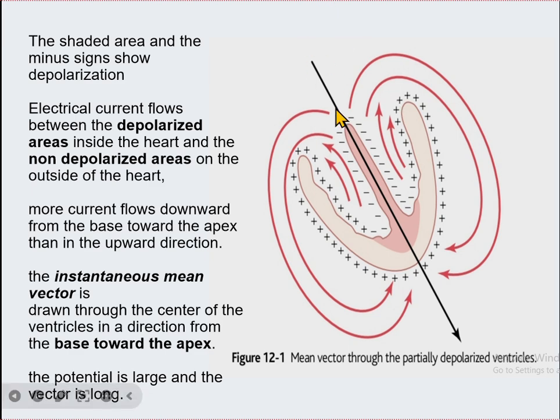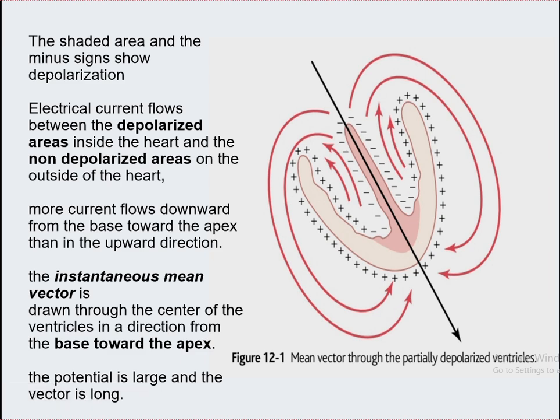The smaller the line, the smaller the portion that has been depolarized. From the earlier introduction, we said that electric current flows from the depolarized region to the polarized region. Where we see the minus signs, it is depolarized, and in this illustration they shaded it.